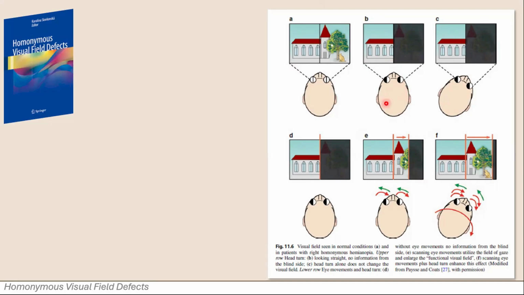For the patient to have an idea of the whole scene, look at letter F here. The patient may adopt a right face turn, so the face turn is toward the hemianopic side, along with scanning eye movements.